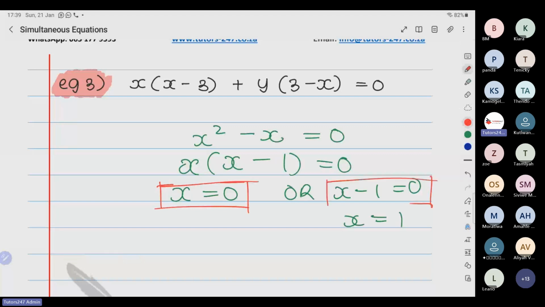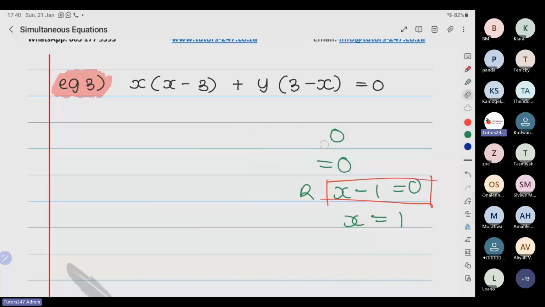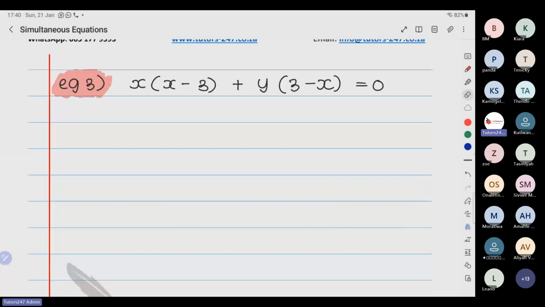Do you see that we've now created two equations from the one equation? So if you want to turn one equation into two, try to make them a product of two terms that is equal to 0, okay? So that is what we are going to do for this example 3. From here, we are going to distribute the x into the bracket, and that is going to give us x squared minus 3x.